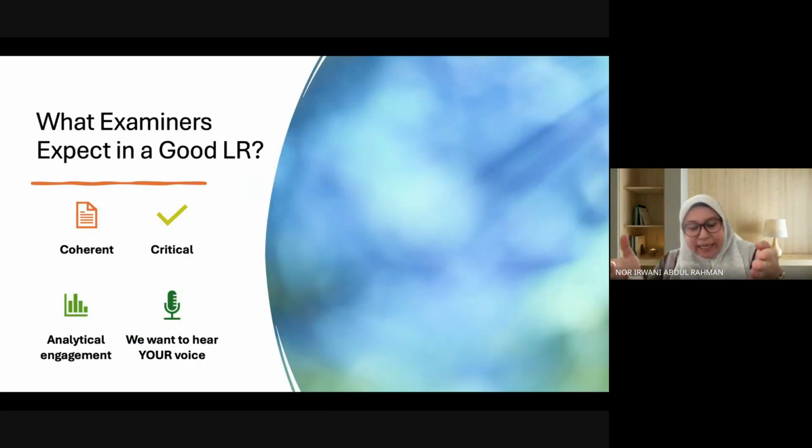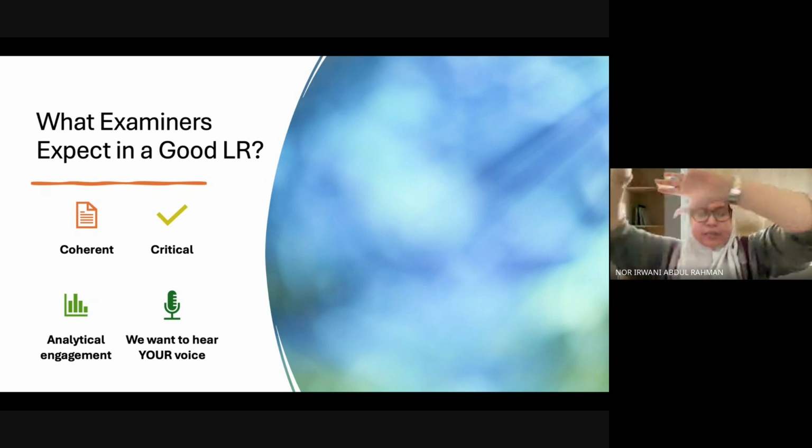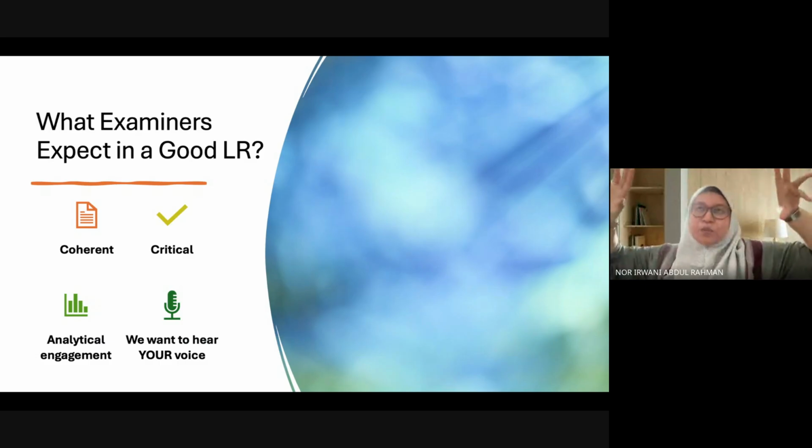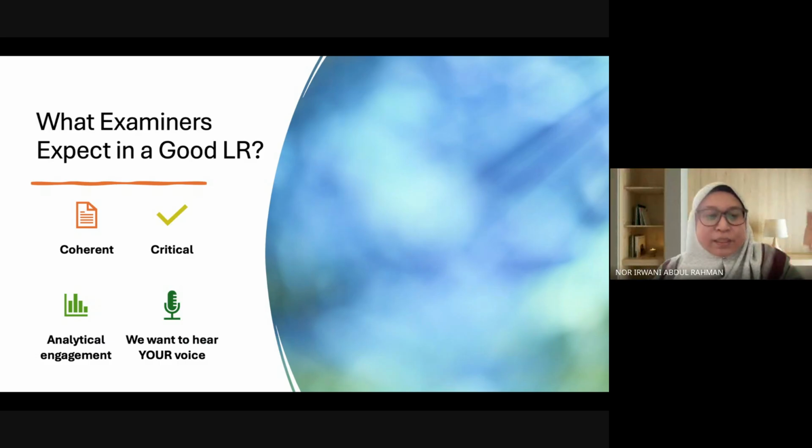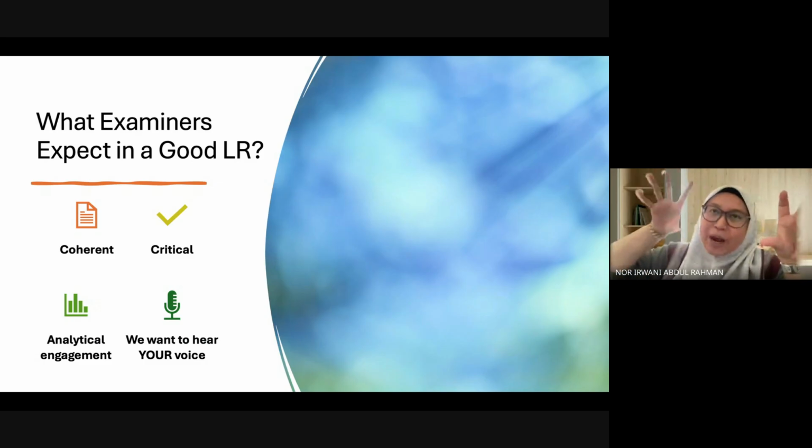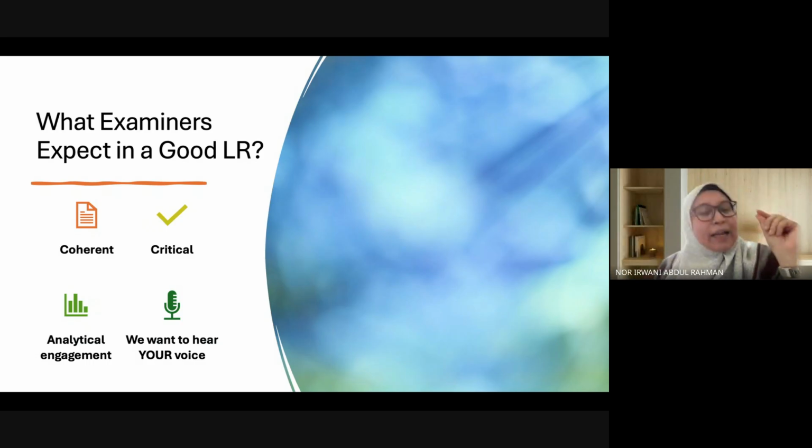So when we read, what do we expect? To define a good LR, coherent is alignment. First, to position the center of the LR, you start with the problem.